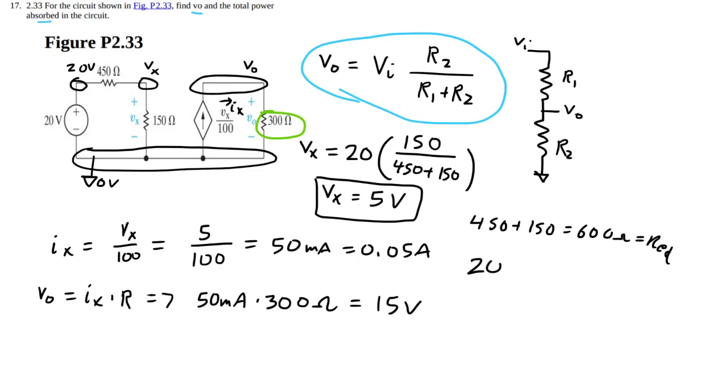So 20 volts divided by 600 ohms is, I think it's going to be like a repeating number. Yeah. So 33.3 milliamps repeating. Let me double check. Yeah.